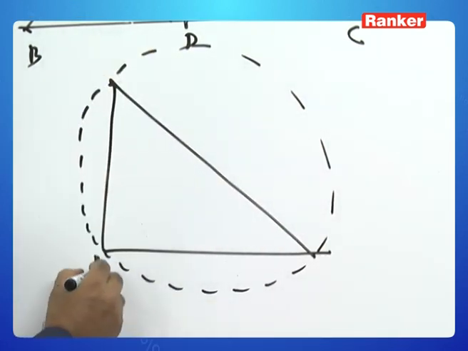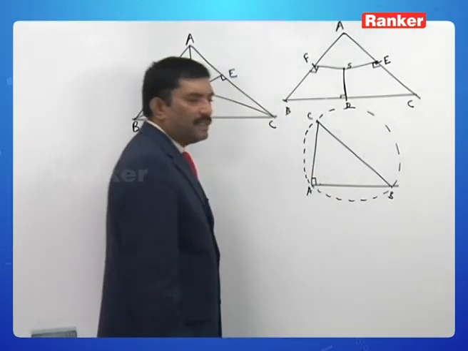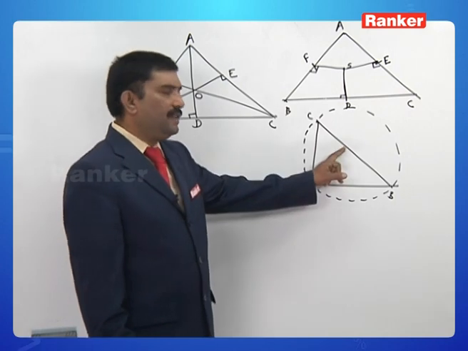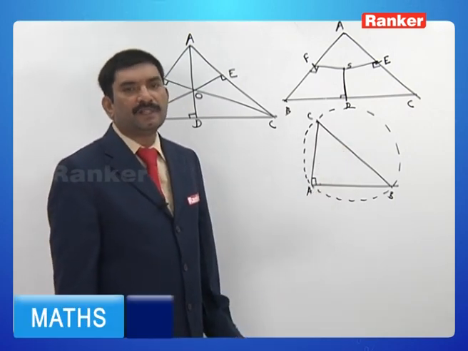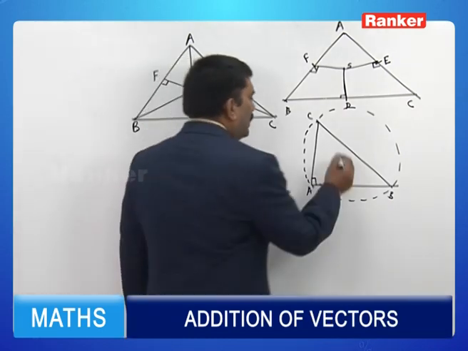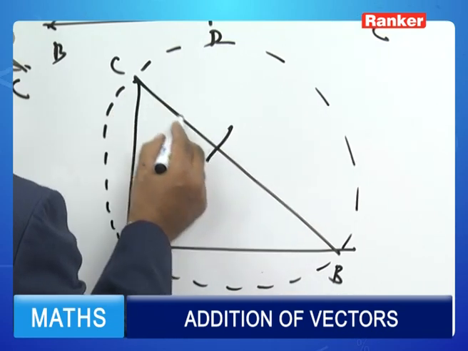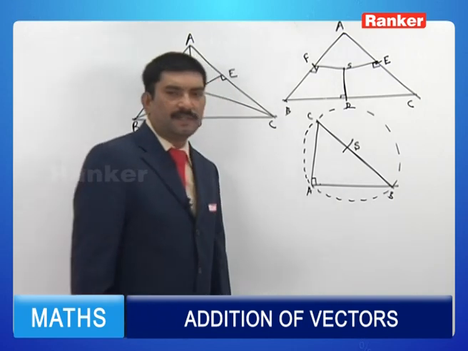So the side opposite to 90 degrees will be the diameter. So the midpoint of the hypotenuse will be the circumcenter.